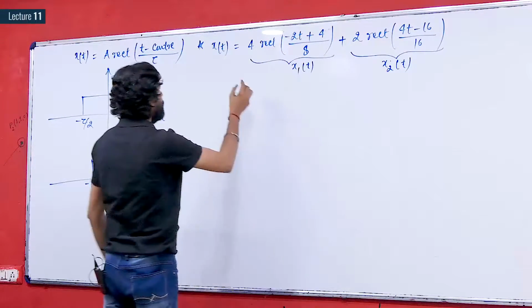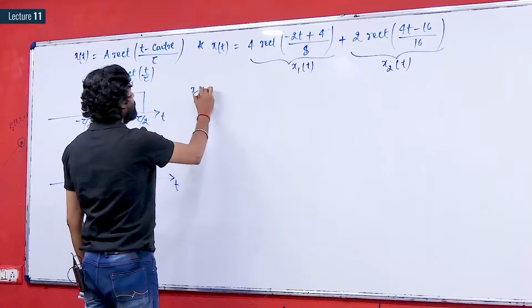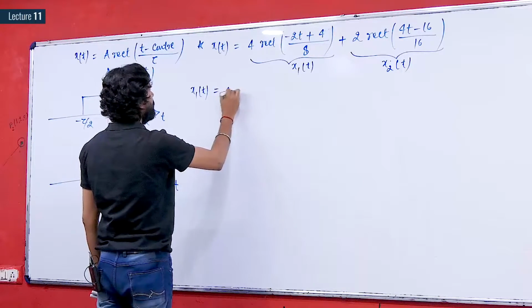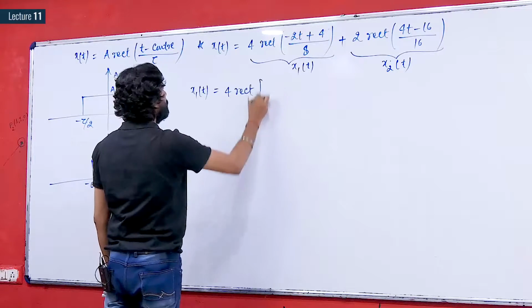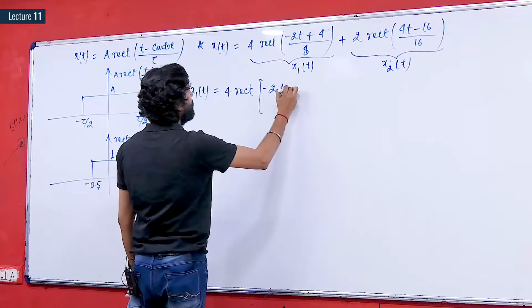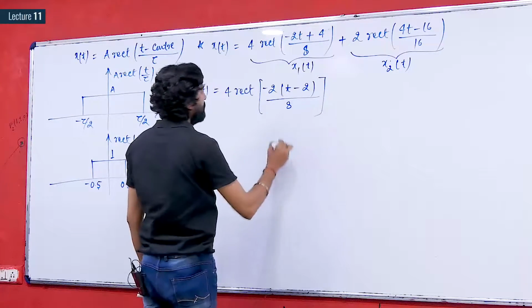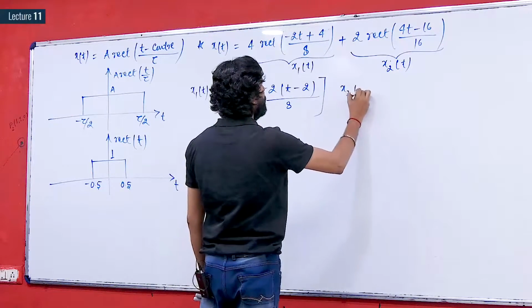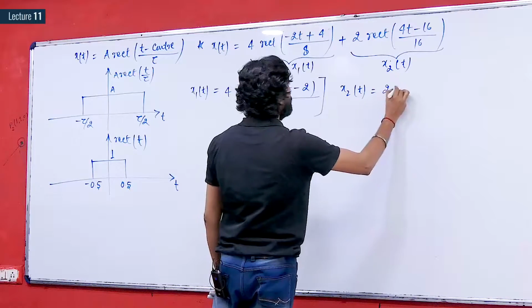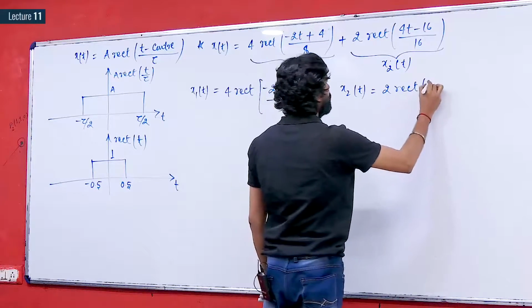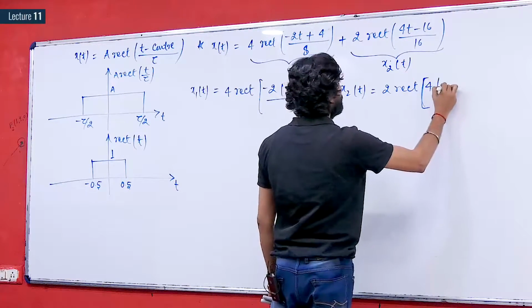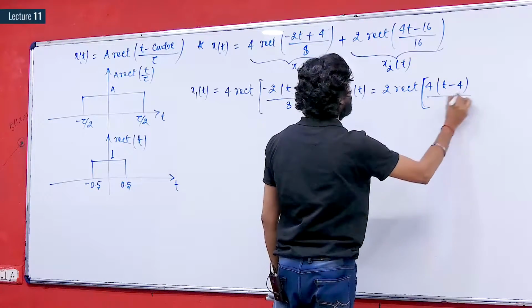So x1 of t you can write as 4 rectangle of, if you take minus 2 common, t minus 2 upon 8. Similarly, you can write x2 of t as 2 rectangle of, taking 4 common, t minus 4 divided by 16.